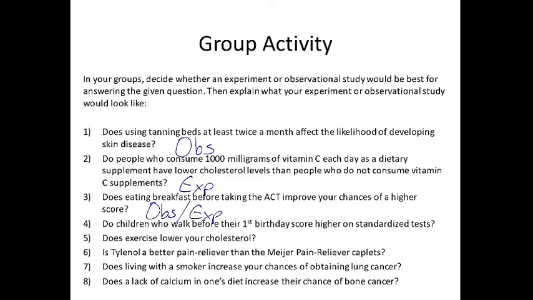Now, obviously, ACT scores and SAT scores affect people's college chances and college scholarships and whatnot, so you've got to be careful if you're going to do this as an experiment. But maybe have one person do the ACT one time without eating breakfast, and the next time do it with eating breakfast, and compare the two scores. For this one, I would probably encourage an observation just because you don't want to potentially harm somebody's chances of doing well.